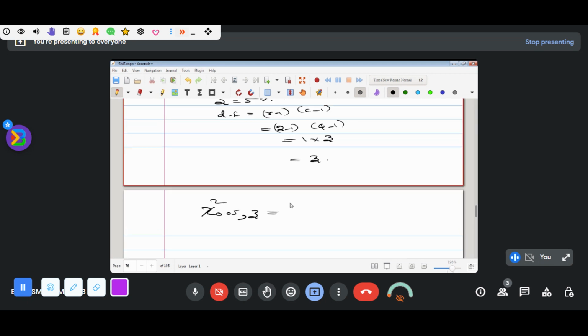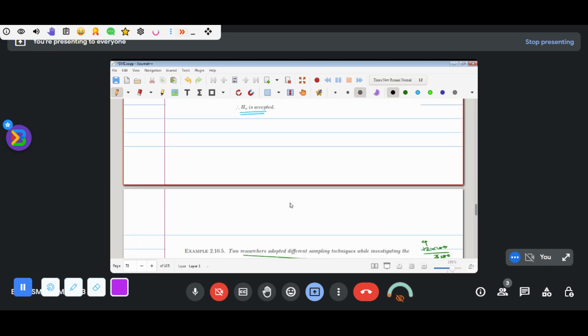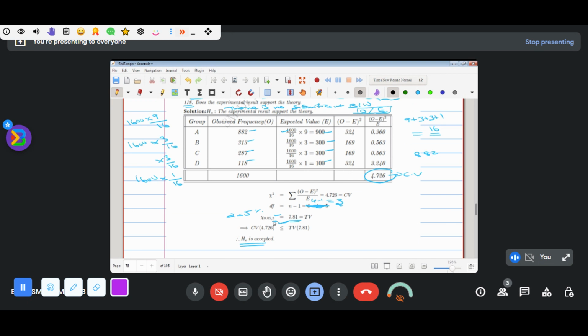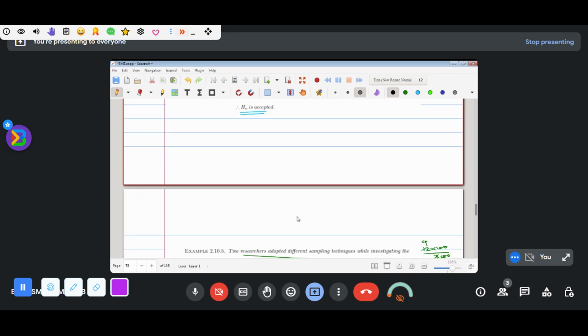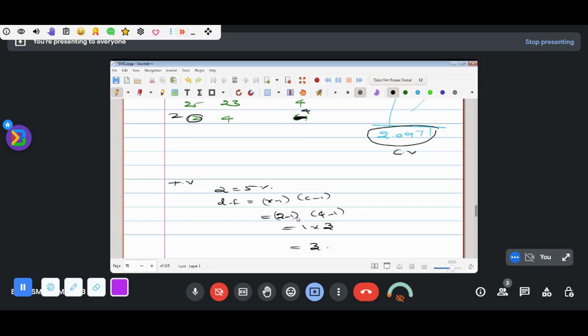We already did the previous problem with the same degrees of freedom and the same values. For 3 degrees of freedom at 0.05, the chi-square table value is 7.81.